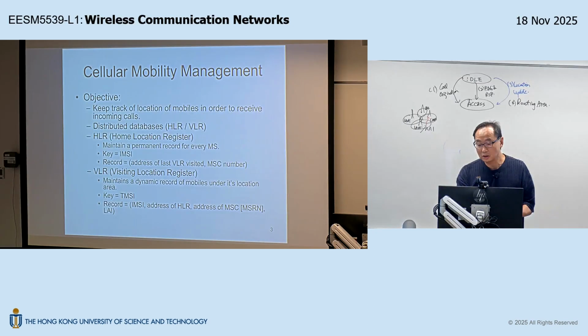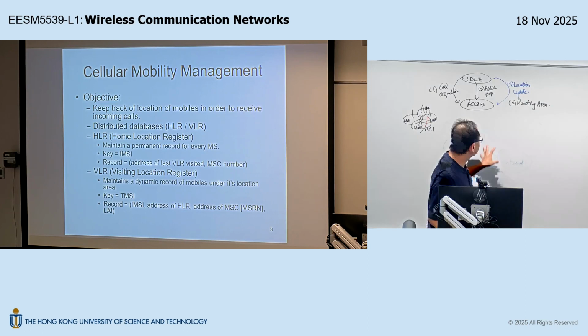In order to keep track of the location of mobiles, it makes use of distributed databases: the home location register and the visiting location register. Distributed means that the record of a mobile is split between these two databases. The home location register maintains a permanent record for every mobile station, but the visiting location register maintains a dynamic record of the mobile station under its location area.